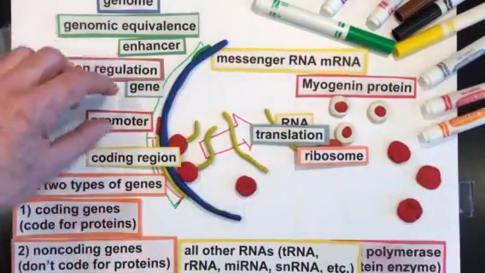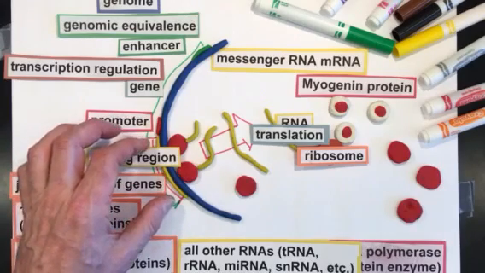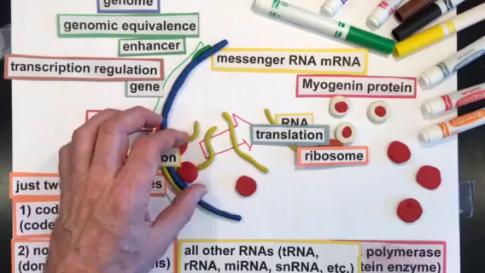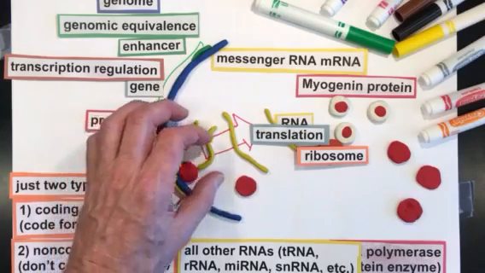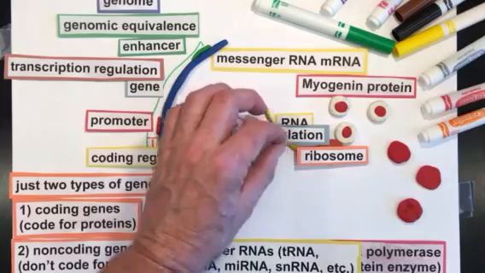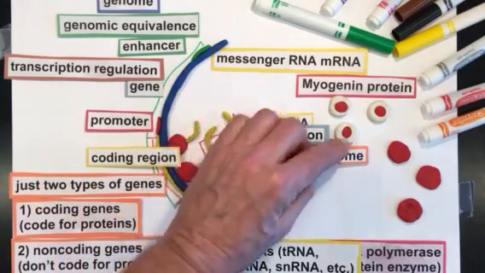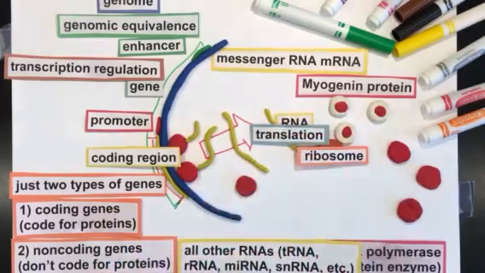So, using the myogenin gene, when the time is right during muscle differentiation, the RNA polymerase binds and transcribes the DNA into RNA that's then translated using the coding region of the RNA into myogenin proteins.